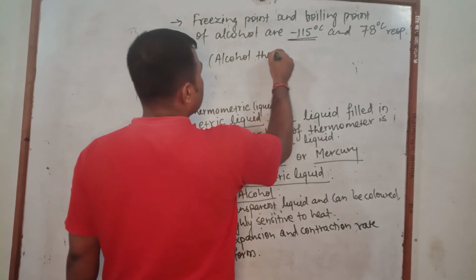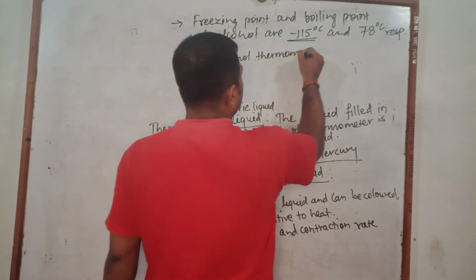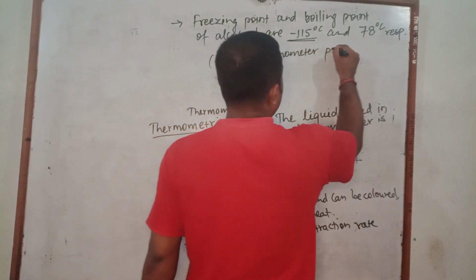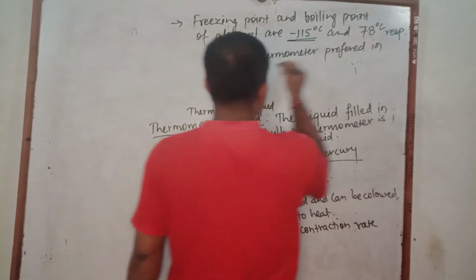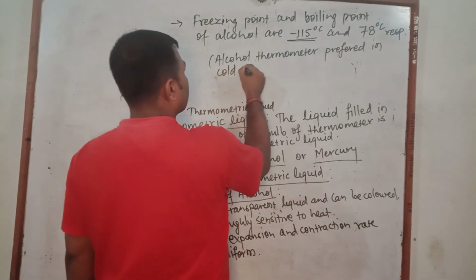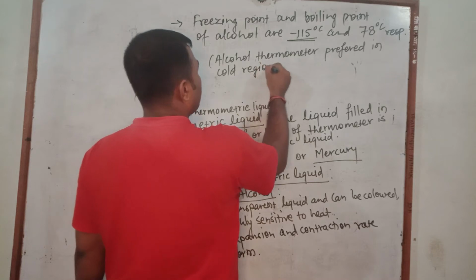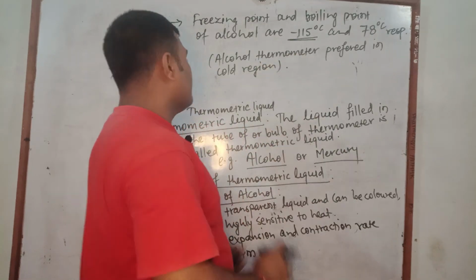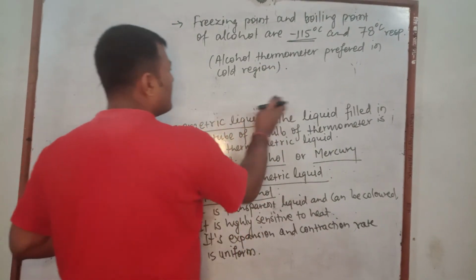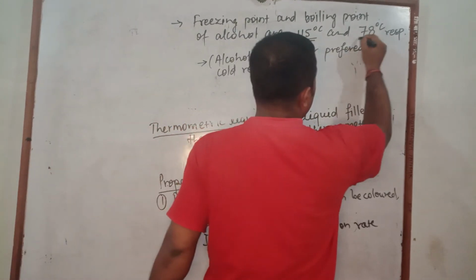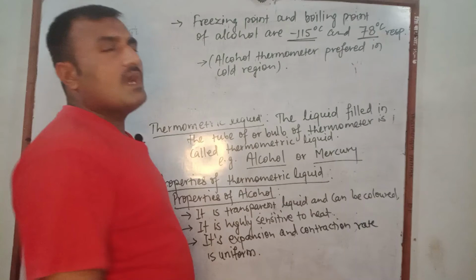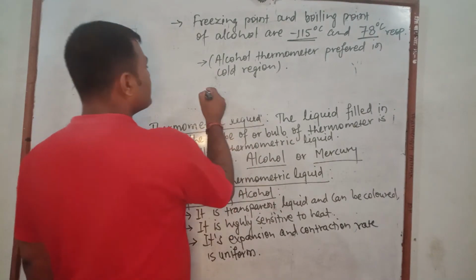alcohol thermometer is preferred in cold region. Why? Because it can measure temperature from minus 115 degrees Celsius, and its boiling point is only 78 degrees Celsius.